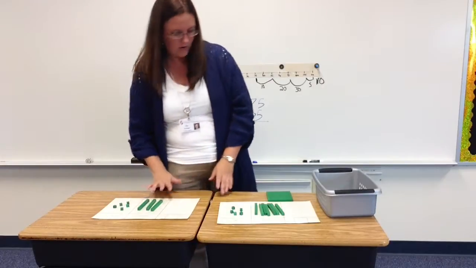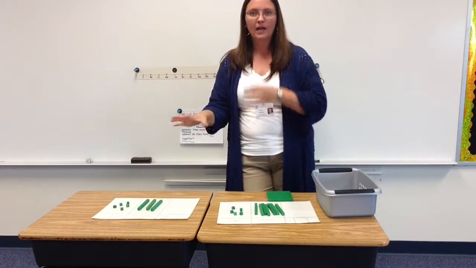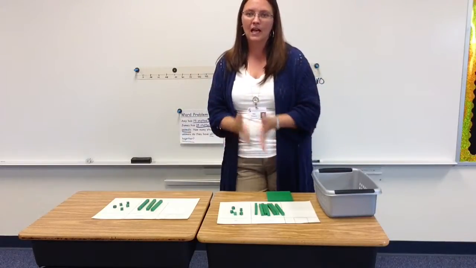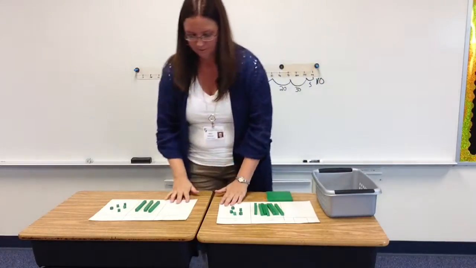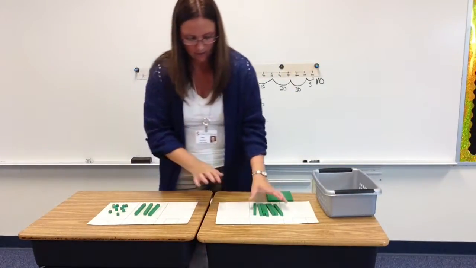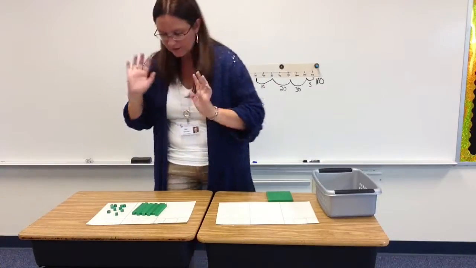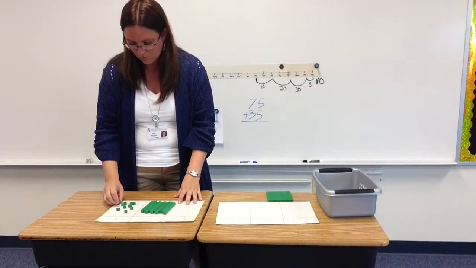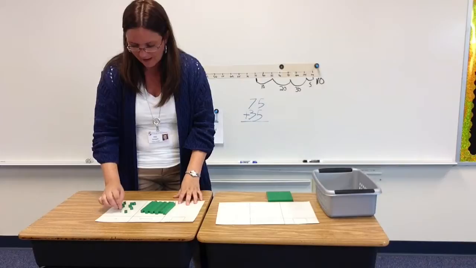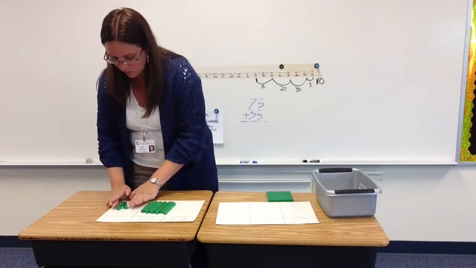35. Okay, now when we add, we combine. So we're going to combine James's and Amy's, and we're going to get a total. I'm going to take these ones from Amy and add them over there. And I'm going to take these 10s from Amy and add them to James's. Let's see what we're working with here. 1, 2, 3, 4, 5, 6, 7, 8, 9, 10 ones.